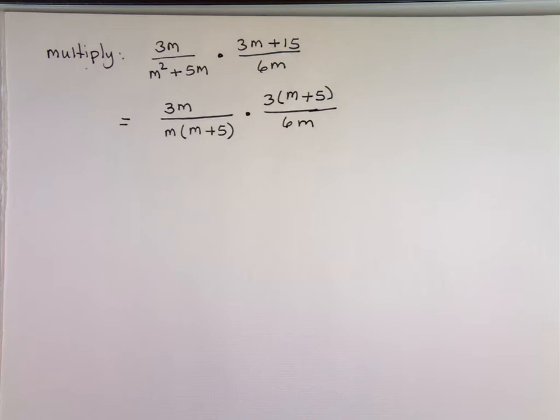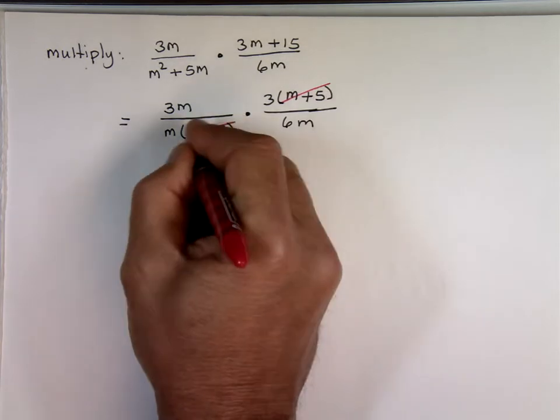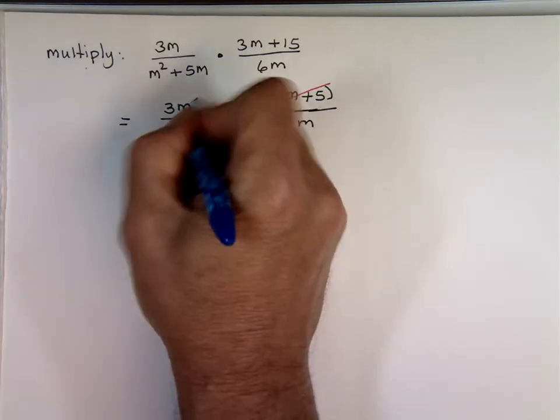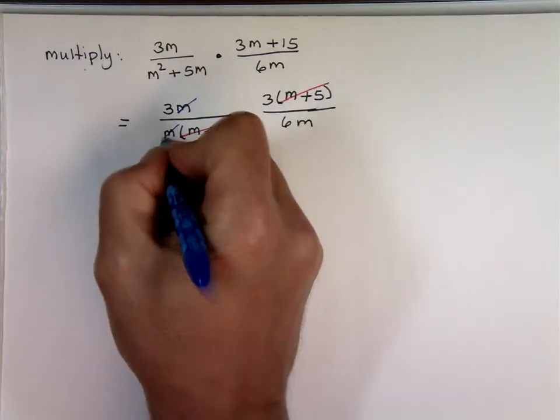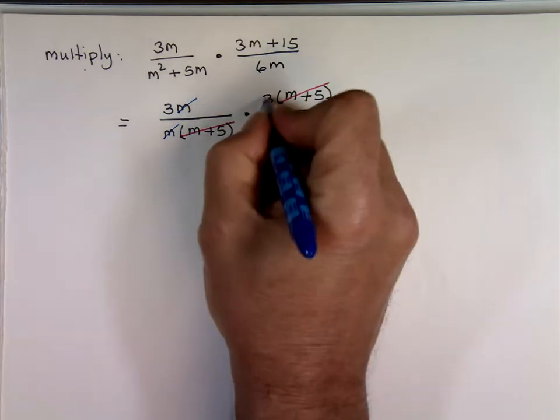And let's look and see if there's anything common on the top and the bottom. I see m plus 5, m plus 5. They cancel each other out. What else do you see? I see this m cancels that m. Three and 6. By 3, this is 1.